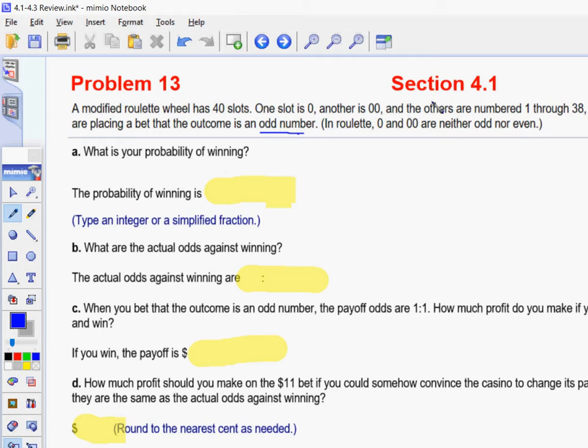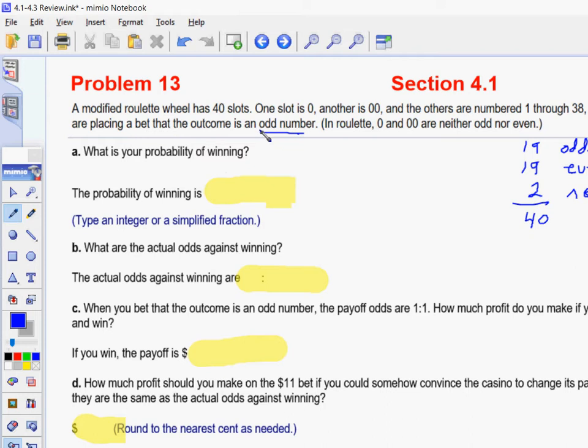So half of those are odds, half of those are evens. So we got 19 odds, and we got 19 evens, and then we got 2 that are neither. All right, so that makes up our 40 different slots, right?